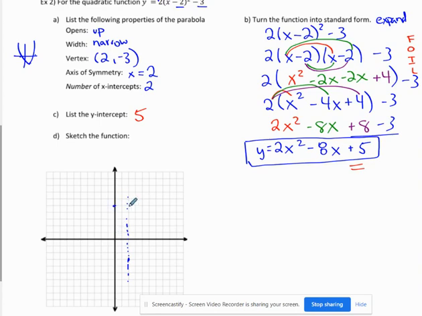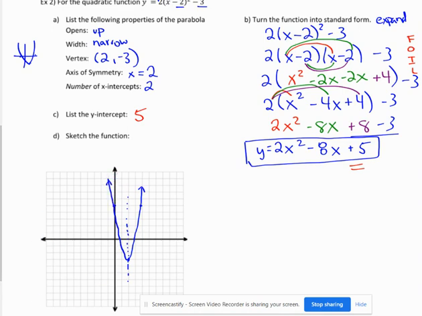And I know from my axis of symmetry that if I have a point here, I'm going to have a point exactly the same distance away at the same height. So right there. And I can tell that this is going to be a bit narrower than usual, which is what I'm expecting. And I am getting 2 x-intercepts. Okay, so, and try to draw yours not so hideous, please. Oh, there we go.